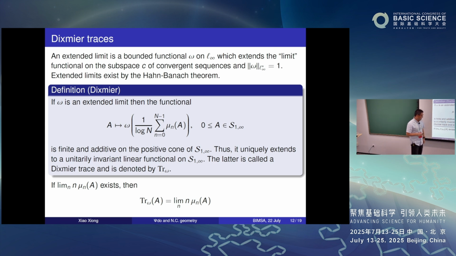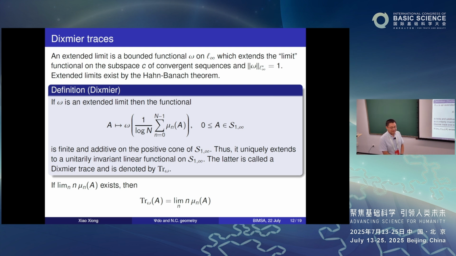What I want to explain is that in the very definition given by Dixmier, he had to do it in the way you mentioned, but it turned out that the Dixmier trace is given by this. Yes, so you restrict.